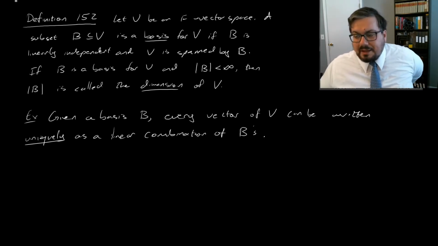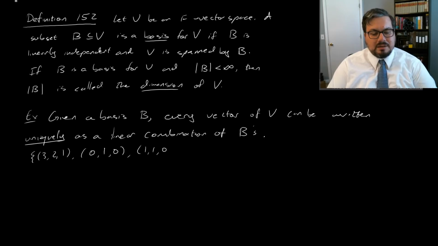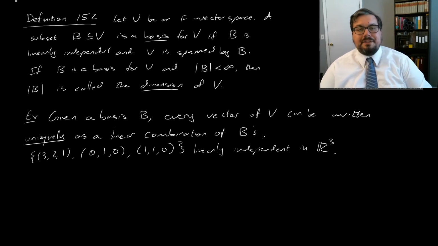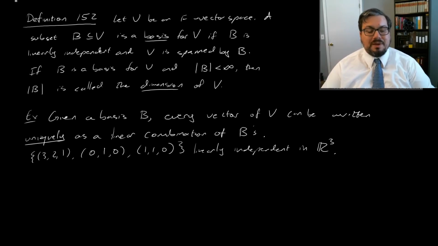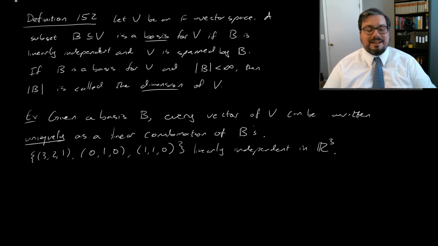All right, so we have already seen that the set (3, 2, 1), (0, 1, 0), (1, 1, 0) is linearly independent in R³. Let's show that it's a basis for R³ by showing that everything in R³ is in the span of these vectors. In other words, by showing that every element of R³ can be written as a linear combination of these vectors.